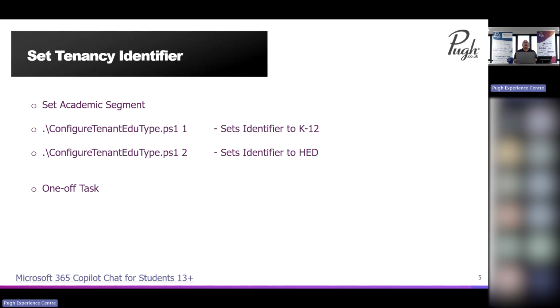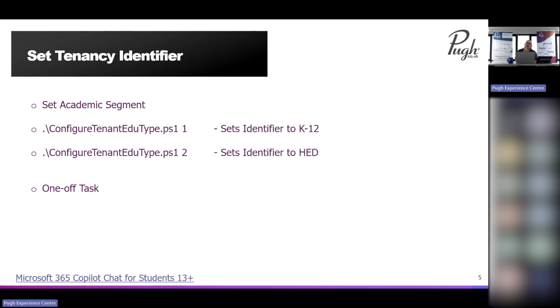You download a PowerShell script, configure tenant edu type .ps1, then run it as an administrator in PowerShell, using attributes against that script.